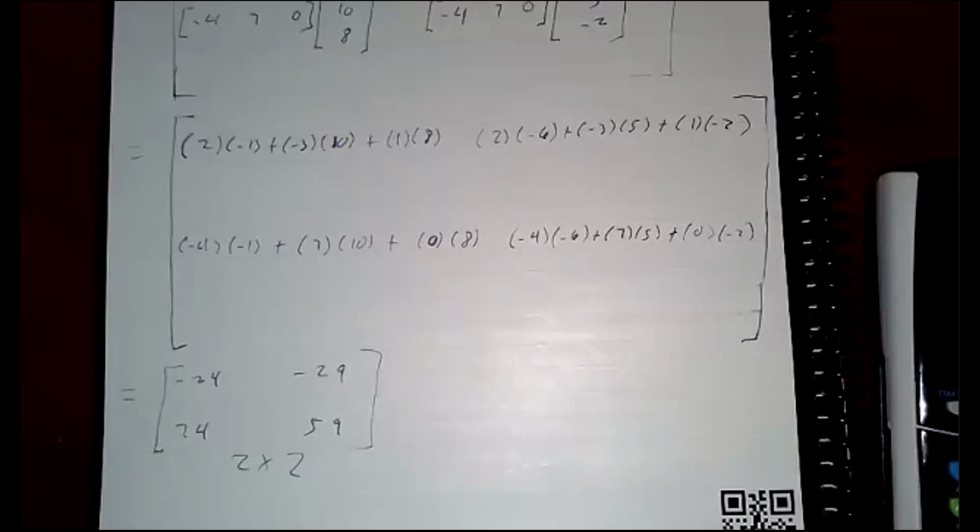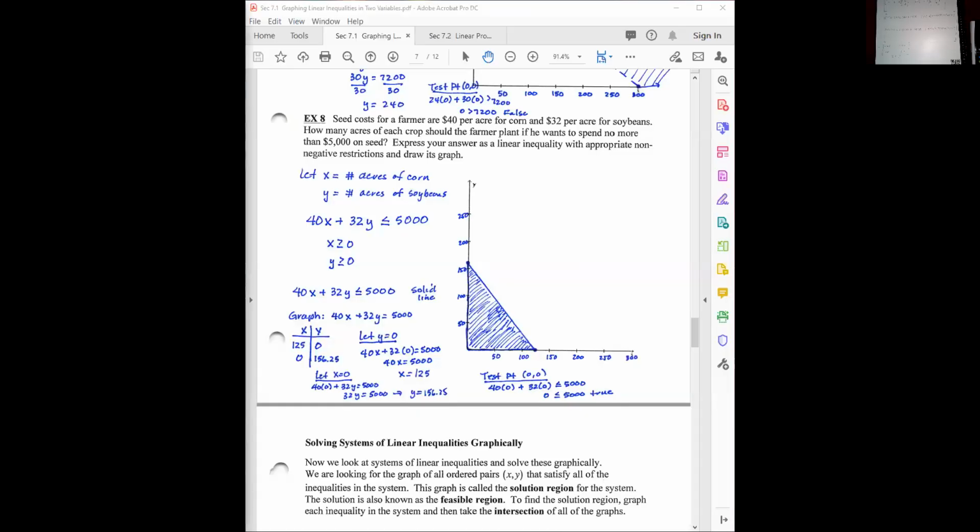If I go back to this grapher, delete all this. The one you need to create first is the $40 per acre X plus $32 per acre of soybeans. Just choose another variable; call it whatever you want. It doesn't have to be X and Y, but that's just what the book uses.